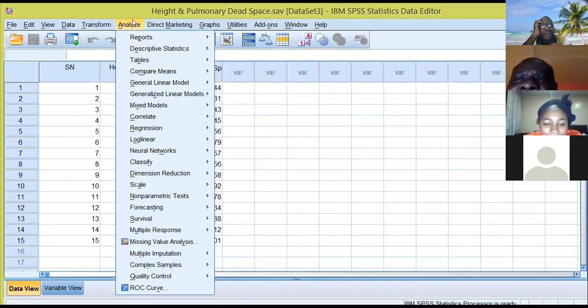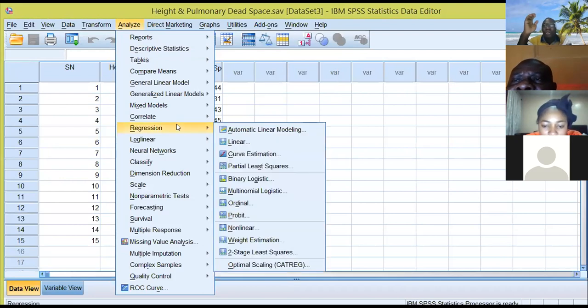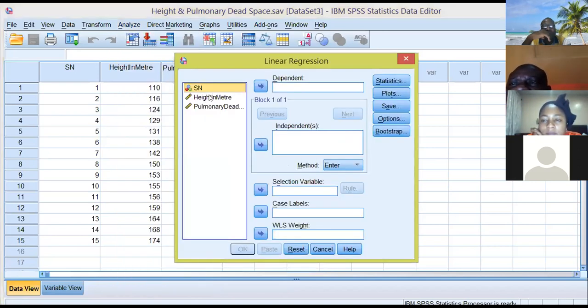You go to regression. Yesterday we did the correlation, we don't need to go there. Yes, just go to regression. Go to linear. So the dependent is pulmonary test rate.